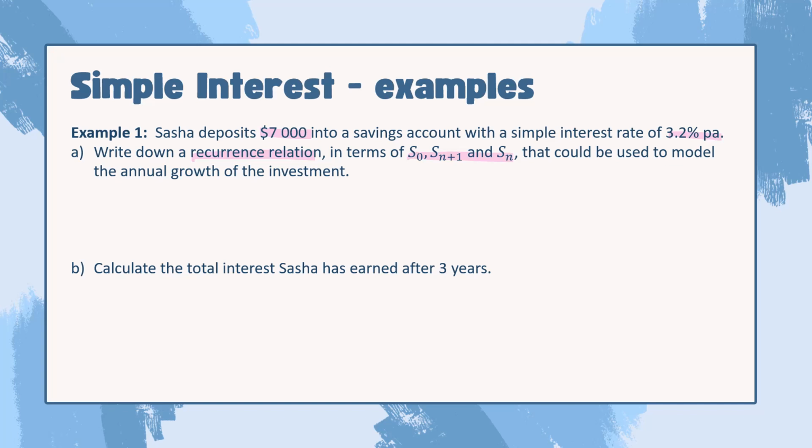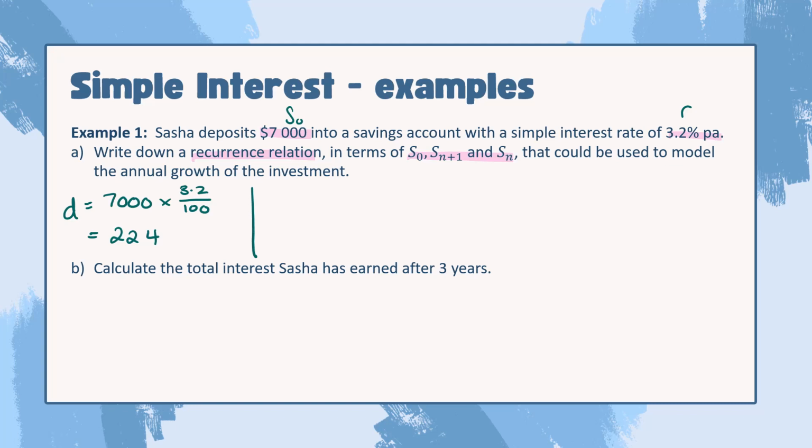So first thing we want to take note of is the information that we've been given as part of the question. So here we have the initial value, S0, and we have the rate of interest. So first step is going to be, off to the side here, to calculate our value of D. So to do that, our initial value, 7,000, times our rate, 3.2, divided by 100, and that gives us our constant addition of $224.